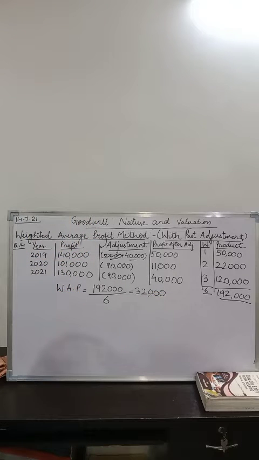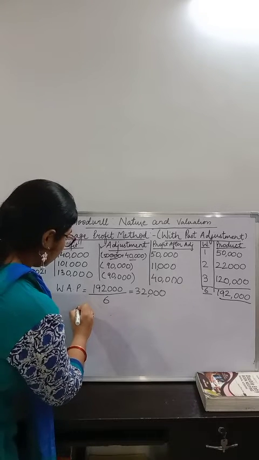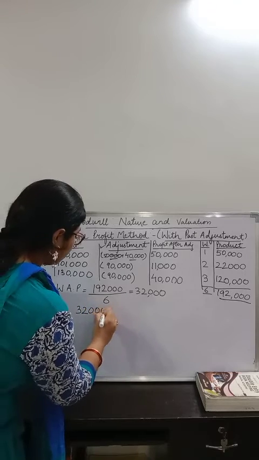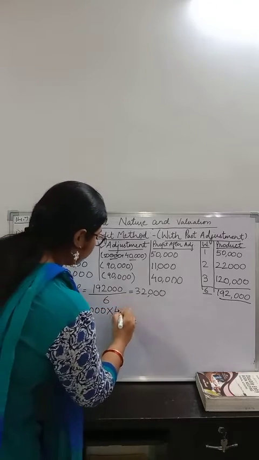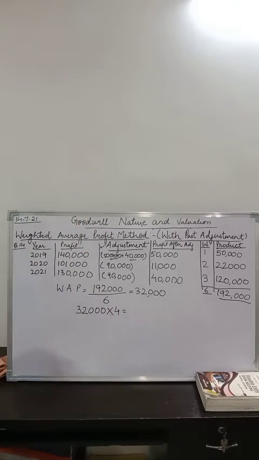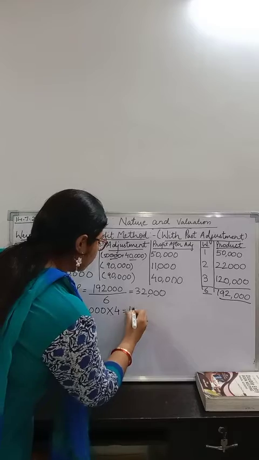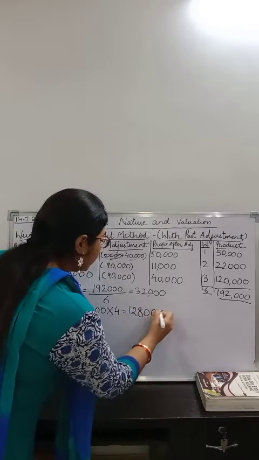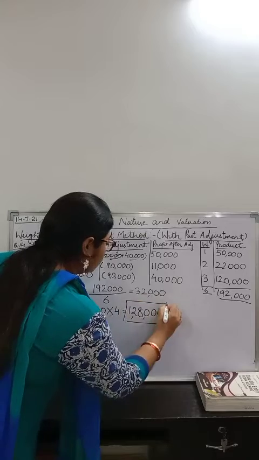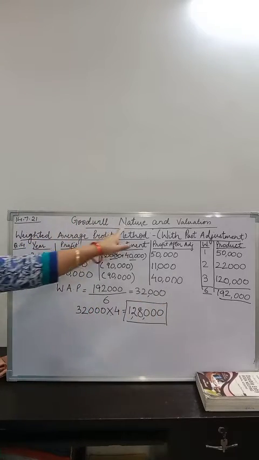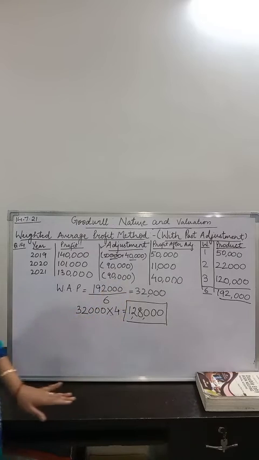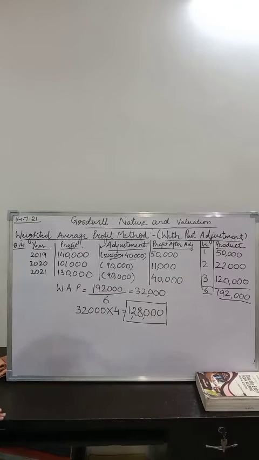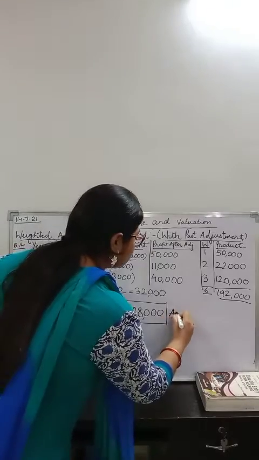After that they say calculate the amount of goodwill on the basis of 4-year purchase. Now 32,000 multiplied by 4 shall be equal to 1,28,000 rupees. 1,28,000 rupees is the amount of goodwill as per the weighted average profit method when past adjustments were also taken into account. So this is your answer.